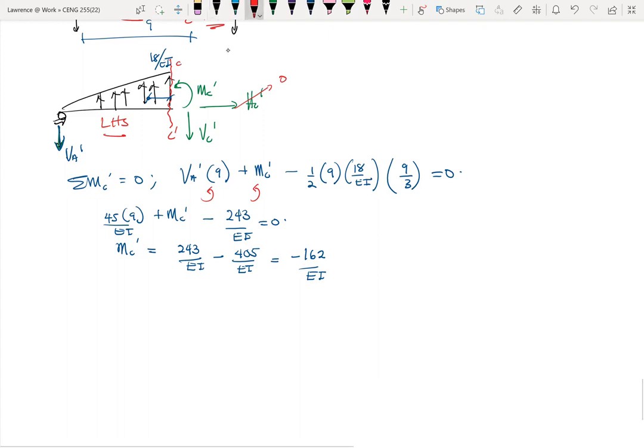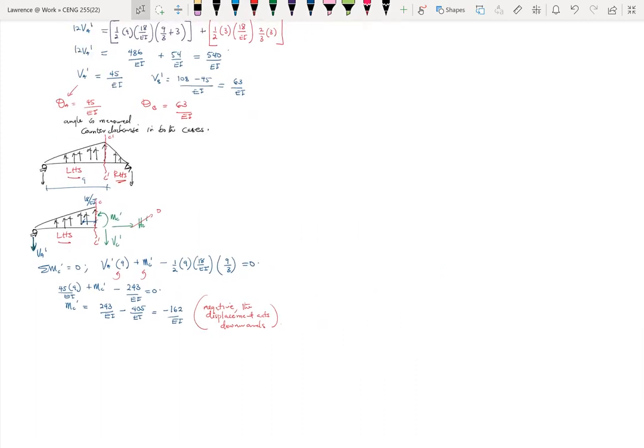So the bracket is negative, which means that the displacement acts downwards. Yep, so that's it for the conjugate beam approach. All right.